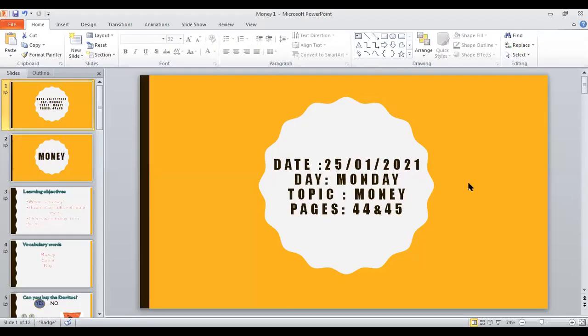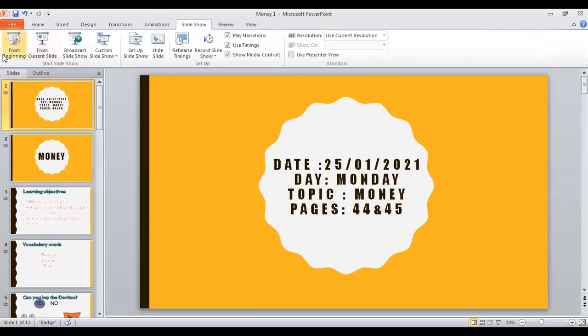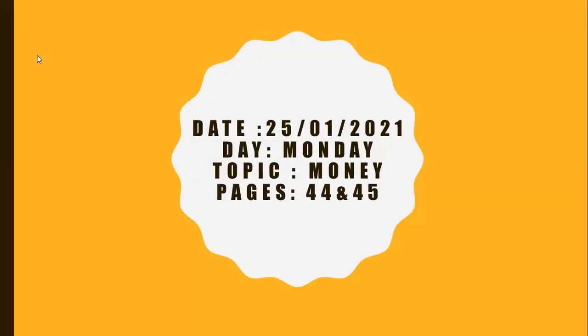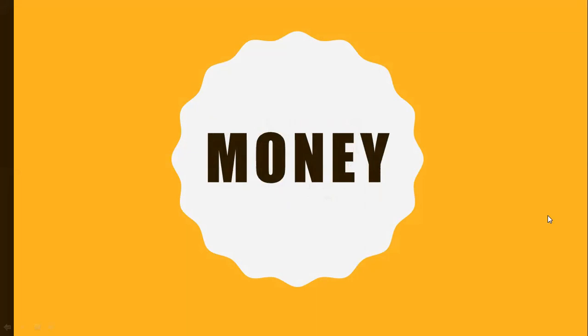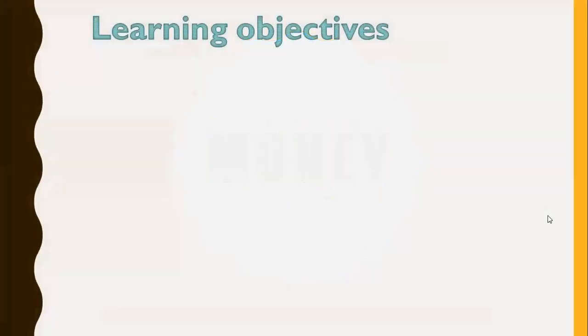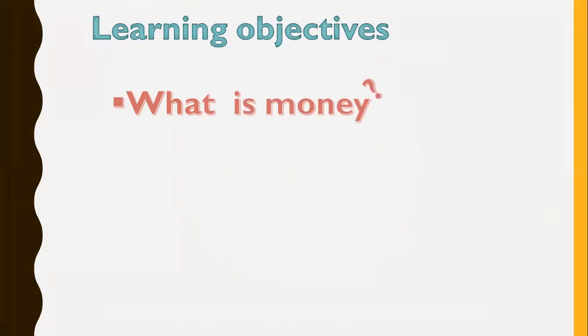Today the date is 25 and our day is Monday. Our topic is money and we are going to cover pages 44 and 45. The name of our topic is what is money? First, we are going to look at the learning objectives of this topic.